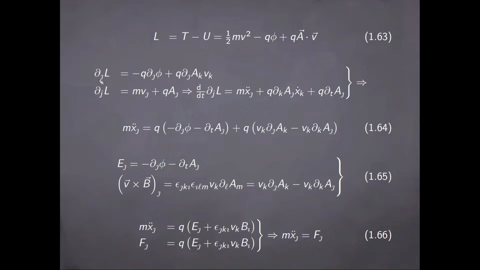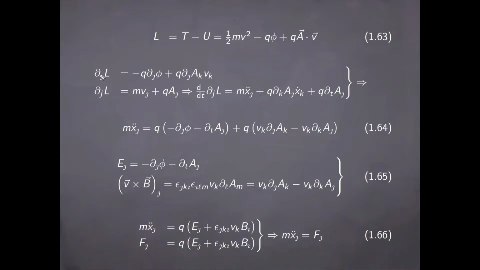So this could be x, y, or z, or coordinate 1, 2, 3, depends on how you want to label them. And if I use the same symbol but the index has a dot above its head, it means I am taking the partial derivative with respect to the velocity corresponding to that coordinate.